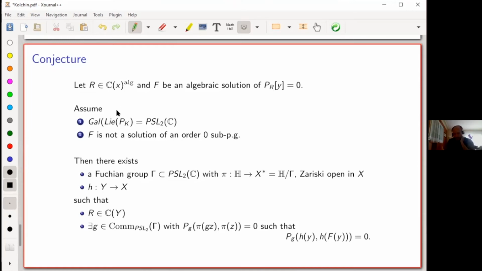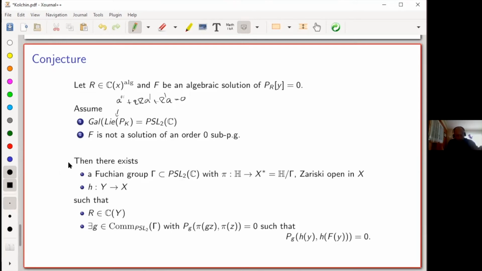So remember that this means A third plus 2R A prime plus R prime A equals 0. This is our differential equation. The Galois group is the maximal group it can be. And assume that F is not a solution of an order 0 subgroup. As I said, these solutions are well known. I will explain then how they fit in this context.